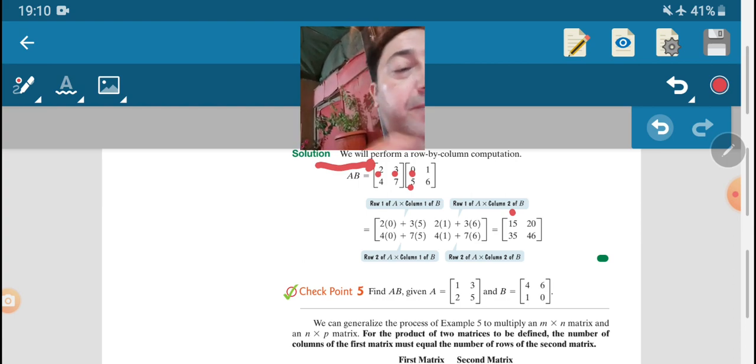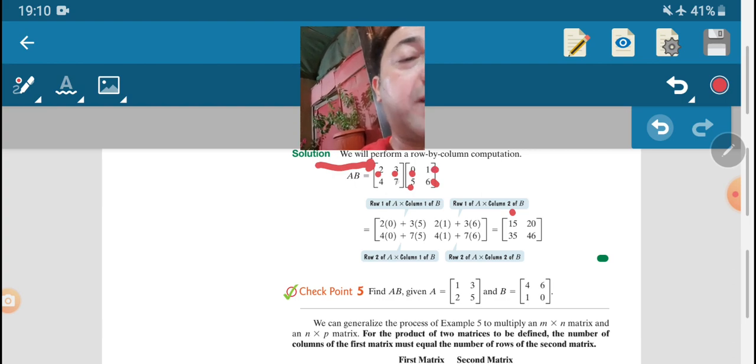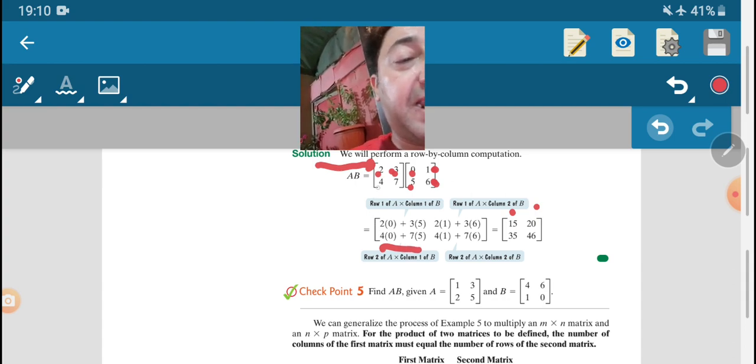That's the first one. The second element: the first row into the second column. 2 by 1 plus 3 by 6, which is 18 and 2, 20. The third element, we combine 4, 7 and 0, 5: 4 by 0 and 7 by 5.